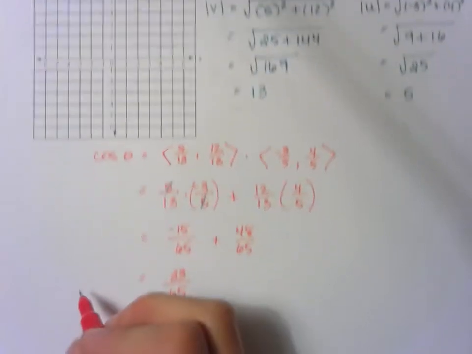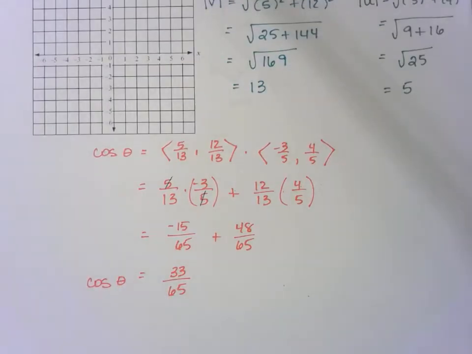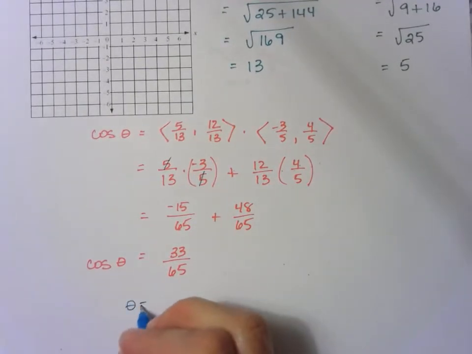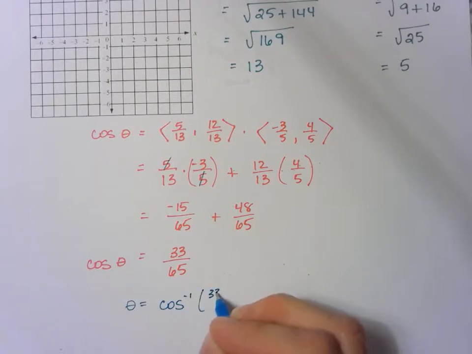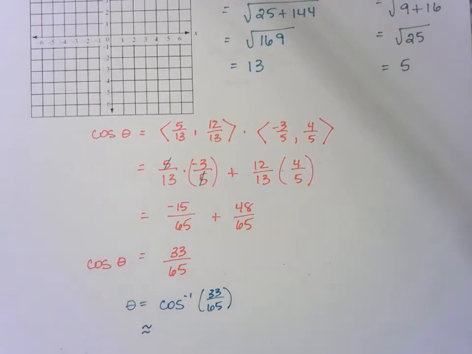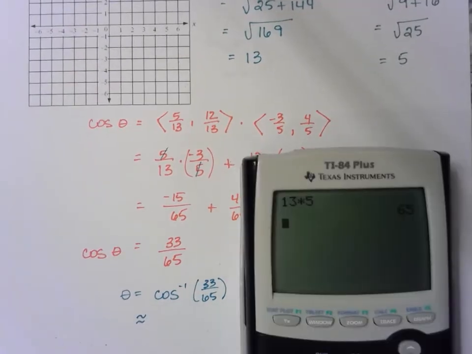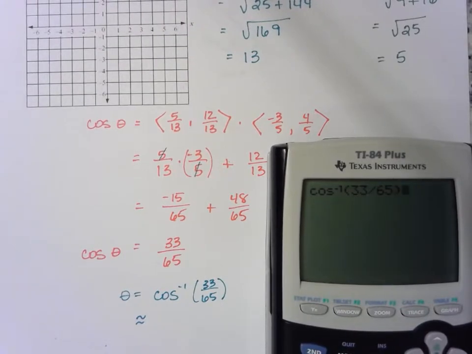Now this is our cosine of theta. So theta is going to be the inverse cosine of 33 over 65, which is approximately what? Inverse cosine 33 divided by 65 is about 59.5.